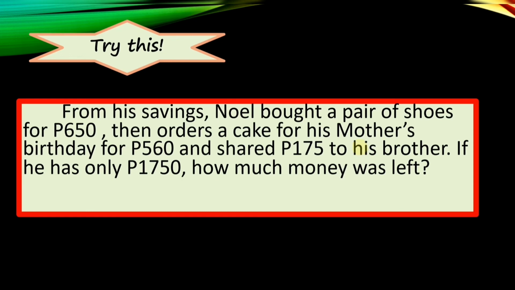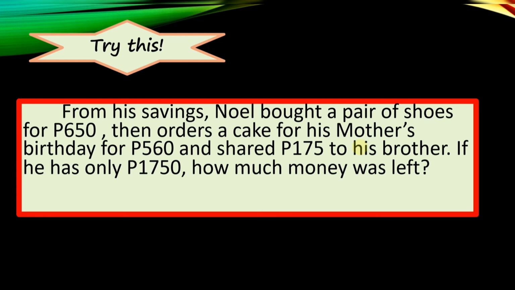Let's try this. From his savings, Noel bought a pair of shoes for 650 pesos, then ordered a cake for his mother's birthday for 560 pesos, and shared 175 pesos with his brother. If he has only 1,750 pesos, how much money was left?